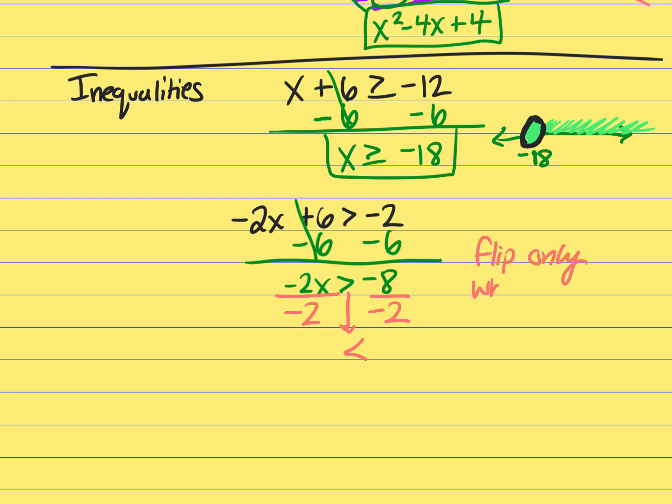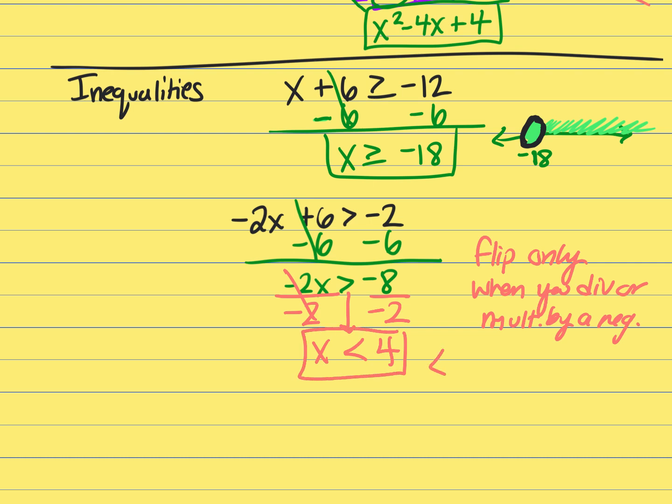So flip only when you divide or multiply by a negative. So now I'm left with x is less than negative 8 divided by negative 2, which is 4.